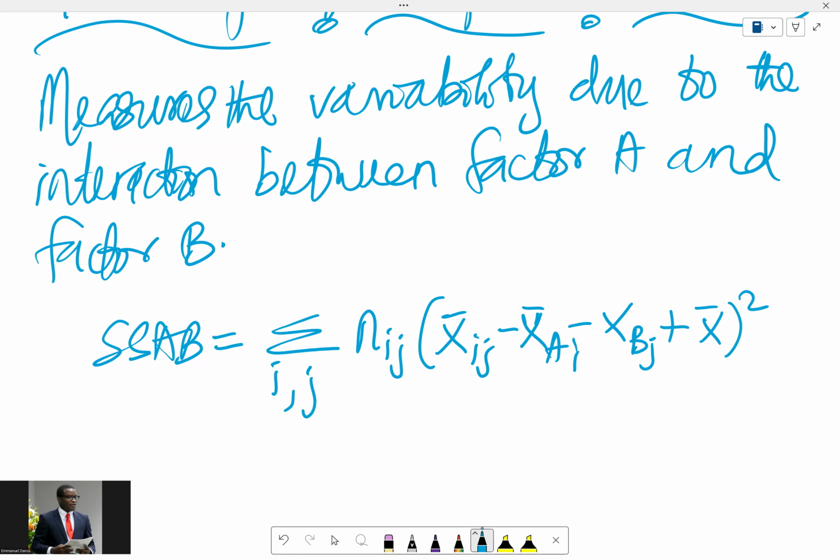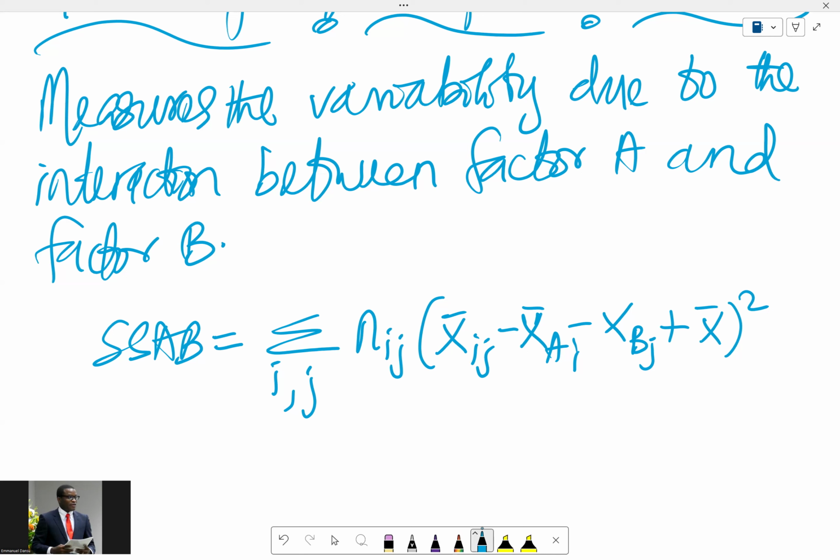So we're talking about SSAB. Here, we sum this and multiply by n.